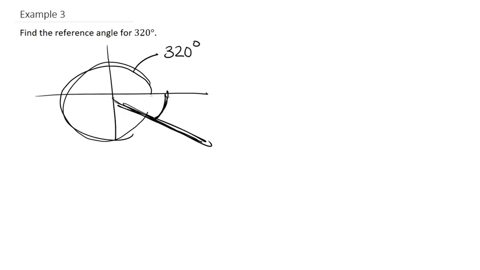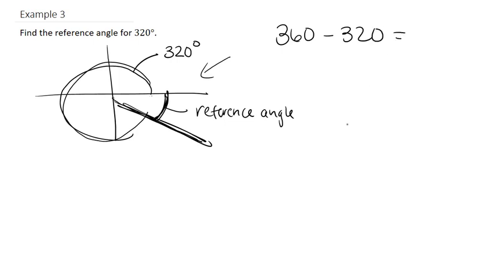This right here is considered our reference angle and what we're trying to find. Now we're really taking this reference angle and flipping it into quadrant 1 when we take 360 and subtract 320 from it. And we get 40 degrees. So our reference angle is 40 degrees.